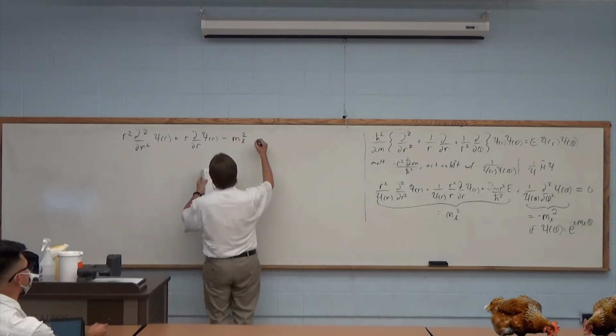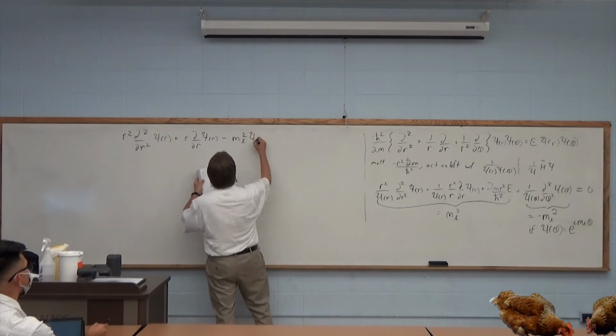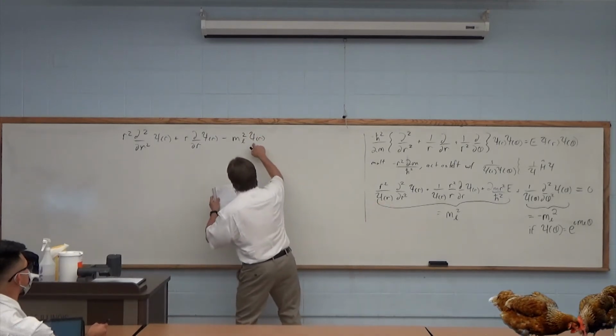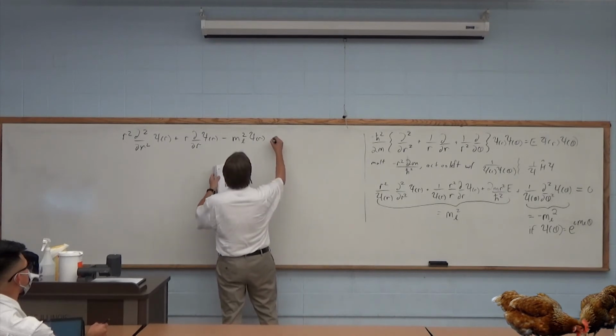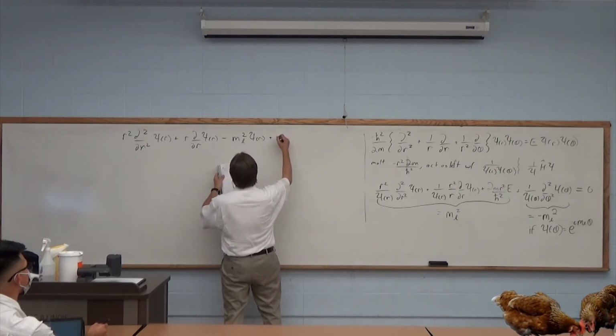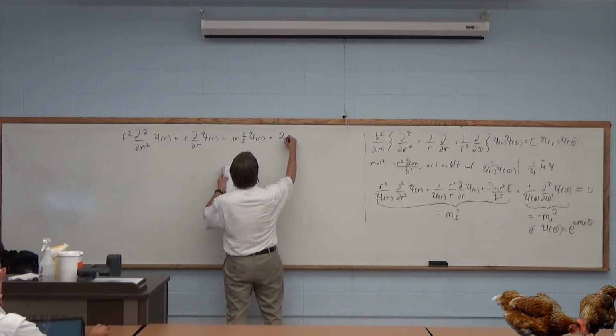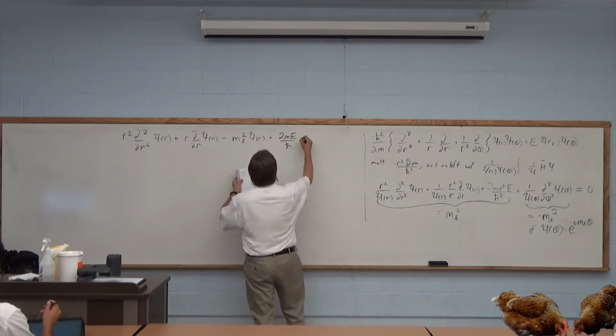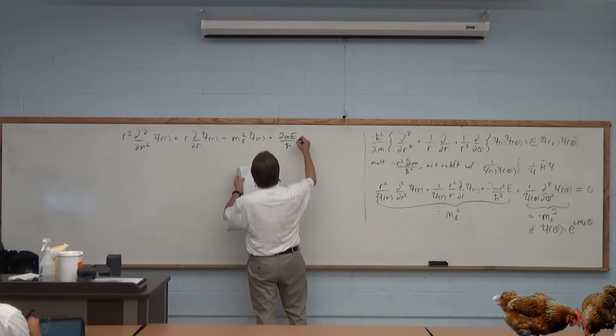And notice I brought the constant over to the left, that's why it's squared. Okay, there it is. I like that because that's k or k squared.